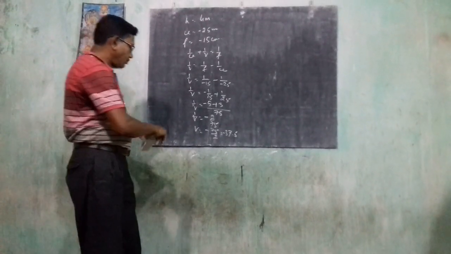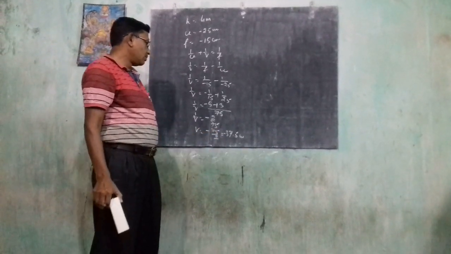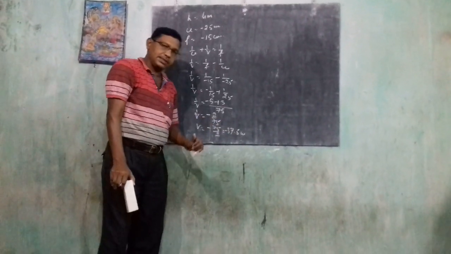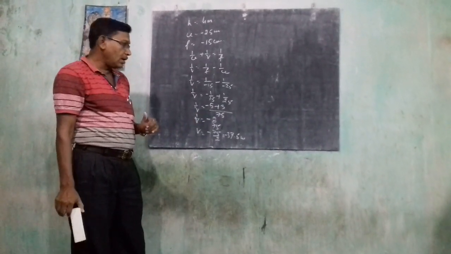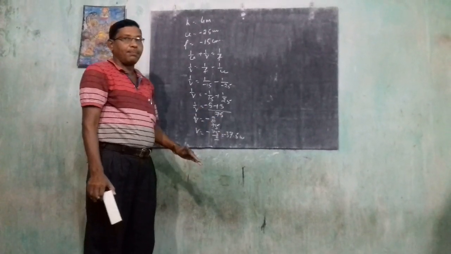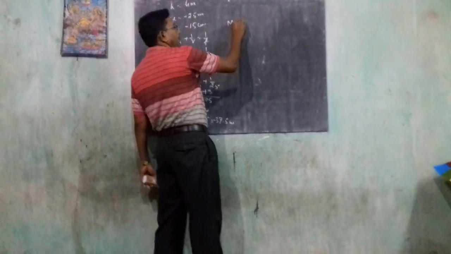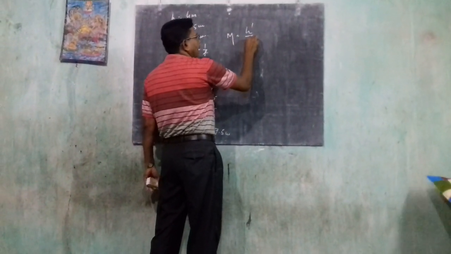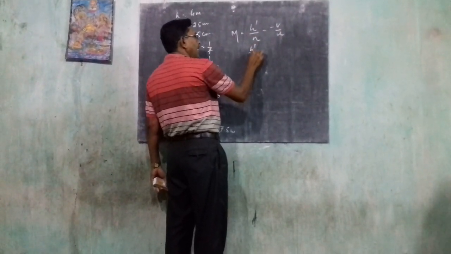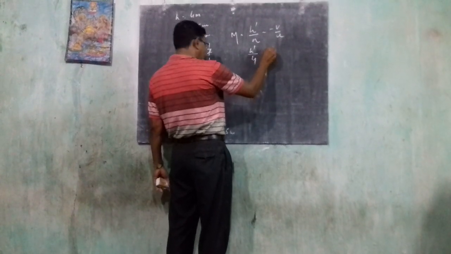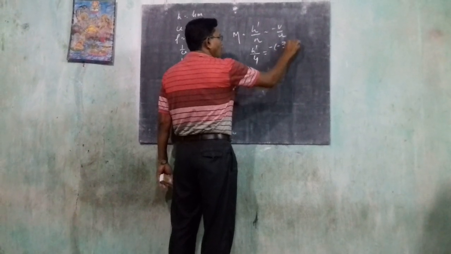Now the image must be a real image, since v is on the negative side. The magnification m equal to h dash by h is equal to minus v by u. So h dash by 4 equal to minus of minus 75 by 2 divided by minus 25.